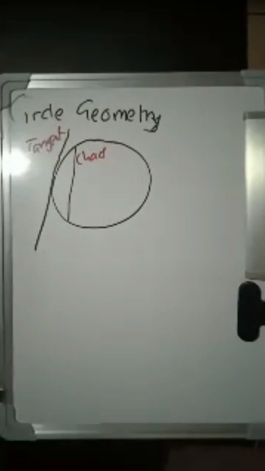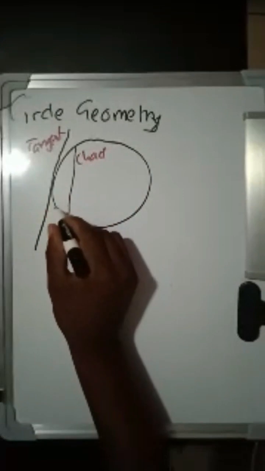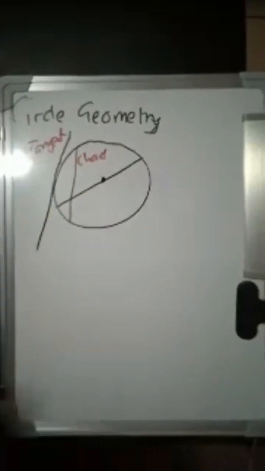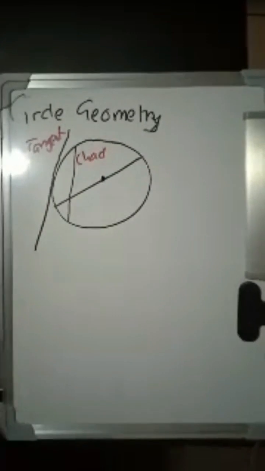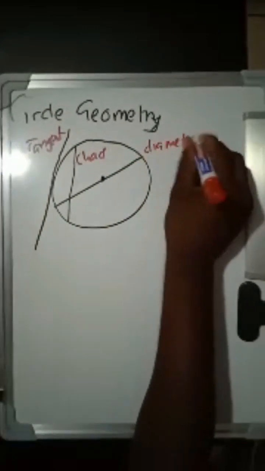So this one is a chord. Then we have a special type of chord which is known as the diameter. The diameter passes through the center like that.